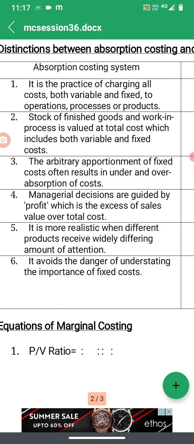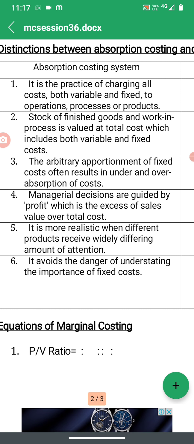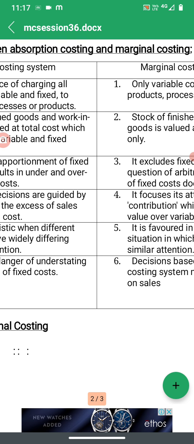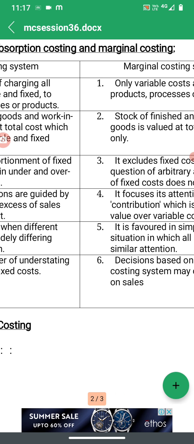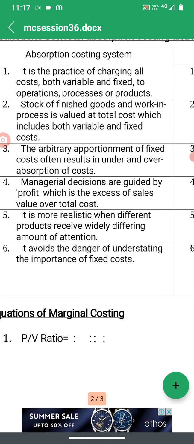Okay. Then managerial decisions are guided by profit, which is the excess of sales value over the cost. So decisions are almost always taken on a profit basis, but this particular case focuses on contribution, which is the difference between sales and variable cost. Okay, contribution, all of you know, PV ratio we take into account.